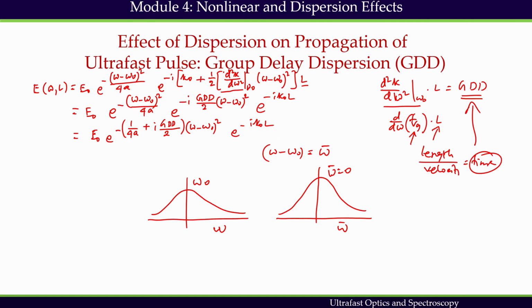So with this expression, we now know the frequency domain field, and we are interested in the time domain field because we want to get the intensity profile, and from the intensity profile we'd like to know the full width half max.